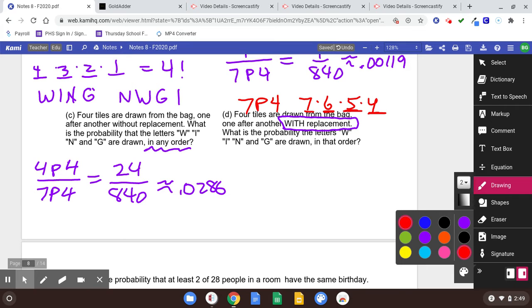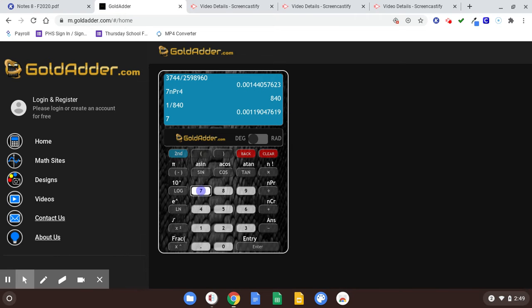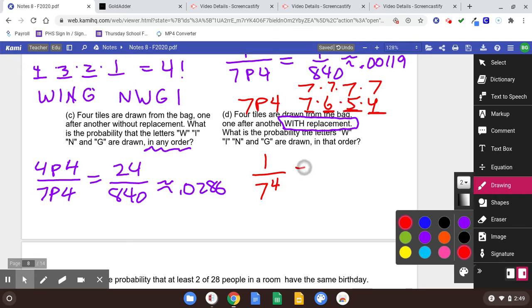So with replacement, we pull one out and we still have 7 left because we put that thing back. We replaced it. And then we've still got 7 to choose from and 7 to choose from. So this time there's only one way of pulling out WING, but you've got 7 to the 4th power number of possible ways of doing that. 7 to the 4th power is 2401.